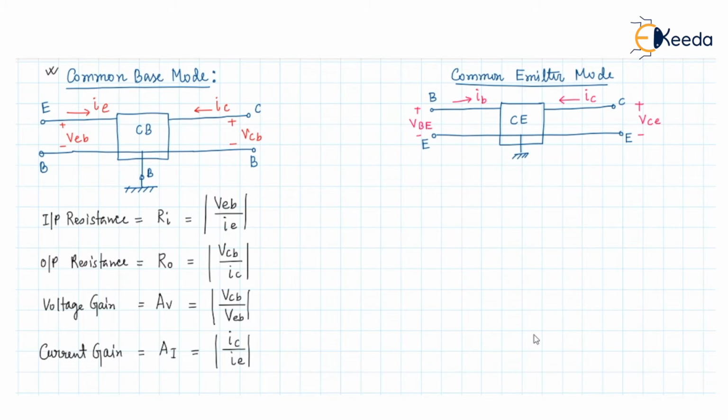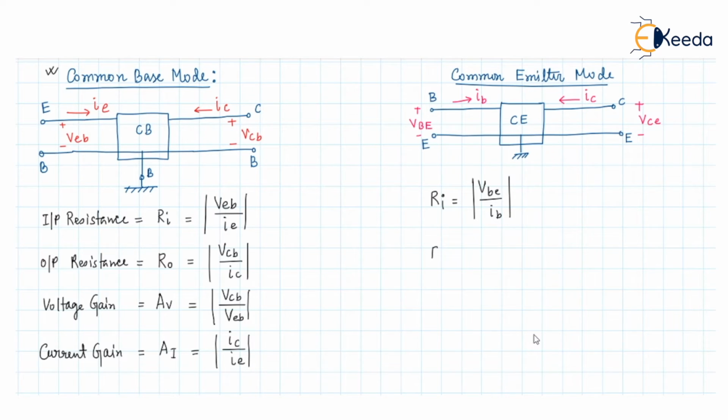So in this circuit we can see the values of the input resistance, output resistance, voltage gain and the current gain. Similarly, if I find the input resistance value for the common emitter connection, then it will be VBE divided by the input current, that is IB.